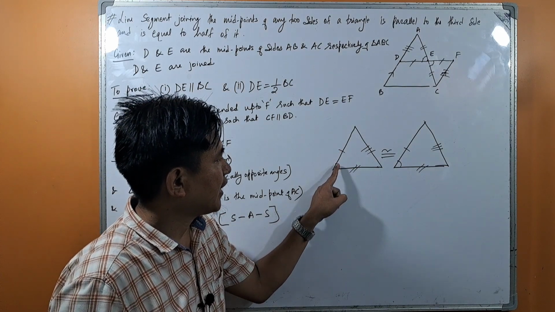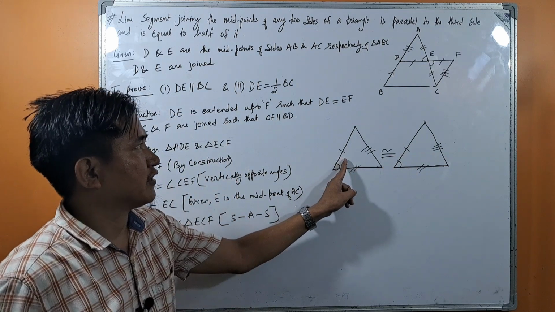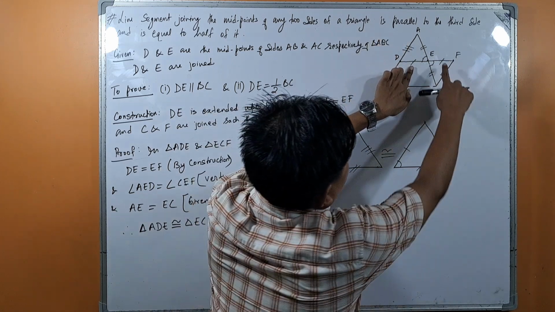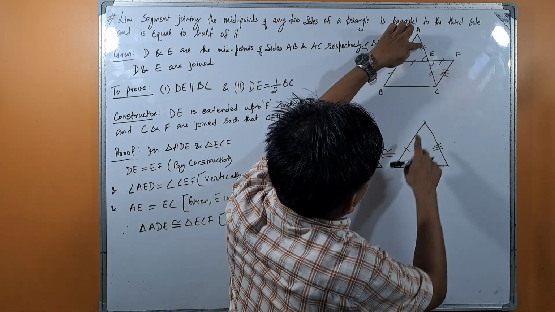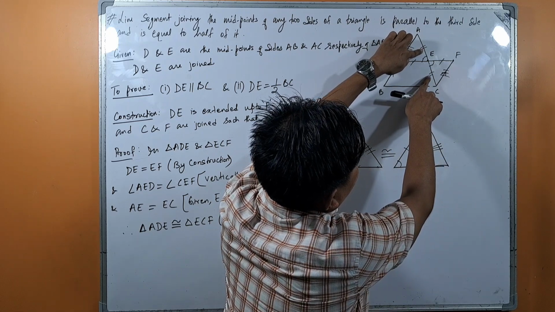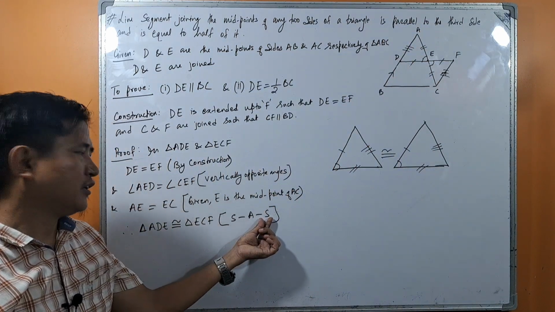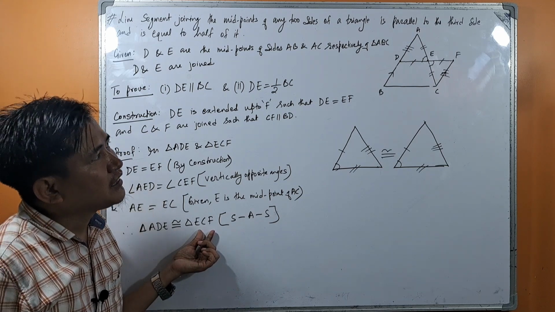Side, angle, side are all equal to each other, isn't it? This side and this side are equal, this angle and this angle are equal, and this side and this side are equal. Side angle side criteria is fulfilled. So triangle ADE is congruent to triangle ECF.